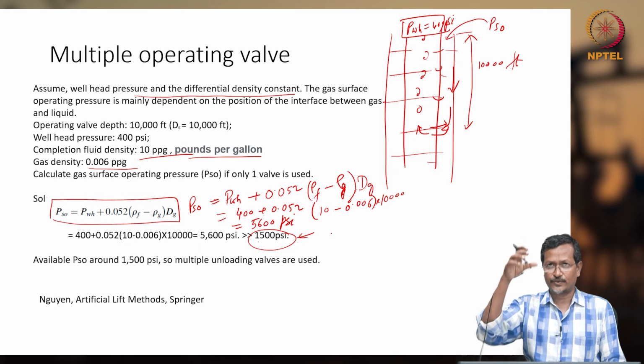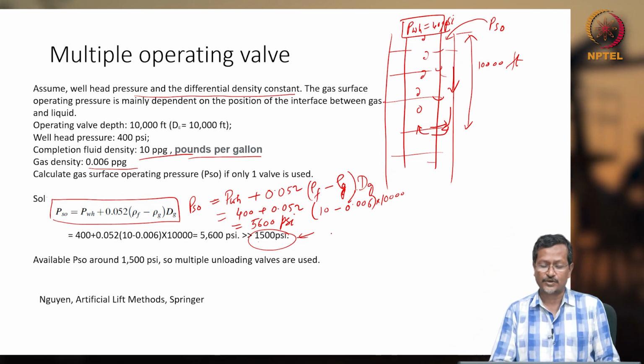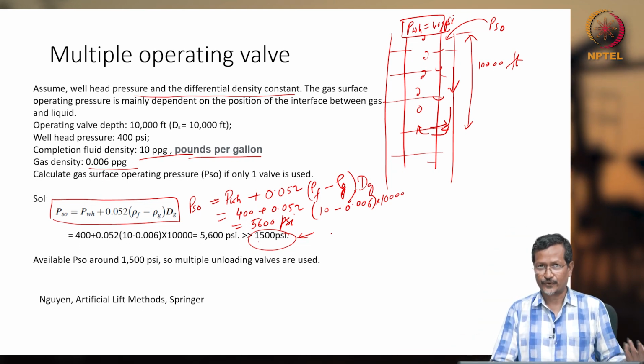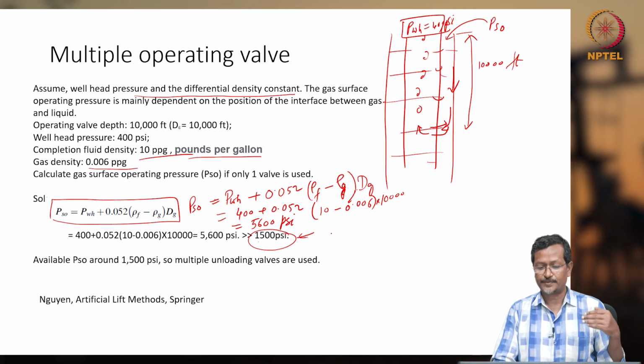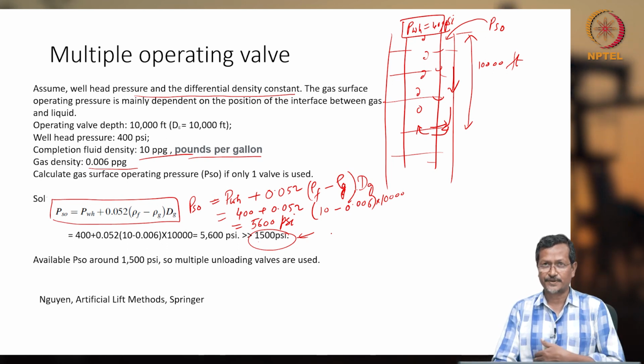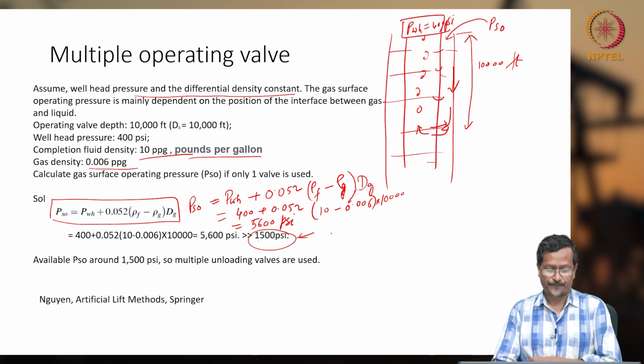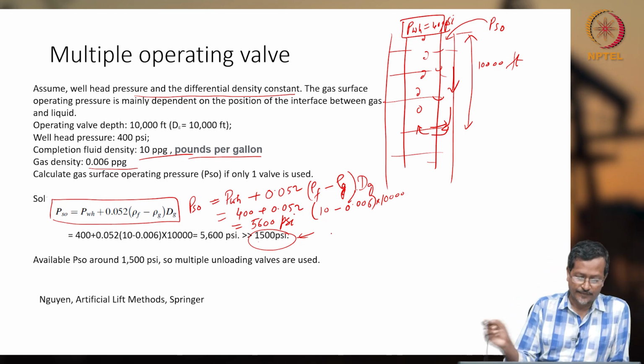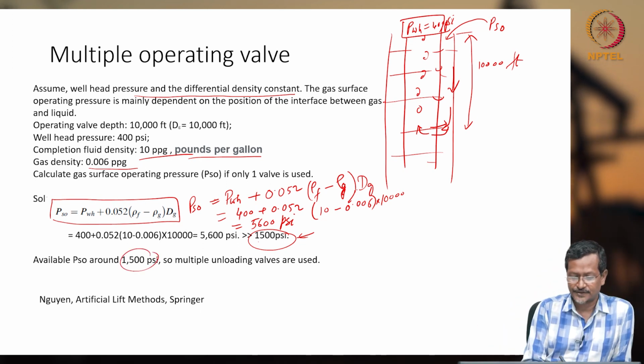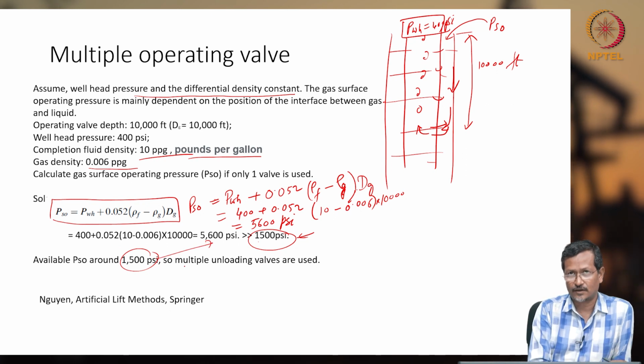In that way you reduce the whole column weight and gradually you start producing, and in that case your PSO or surface operating pressure will not be so high. So with an available pressure of 1500 psi, this will not work with a single valve. So you have to use multiple valves.